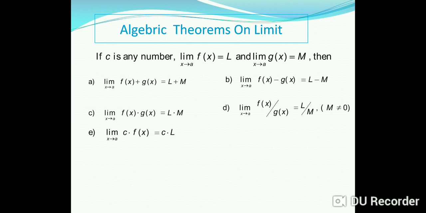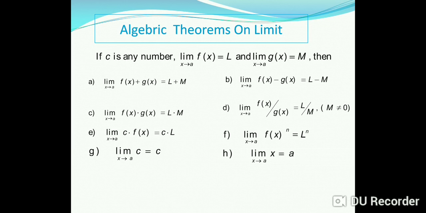Next, E, limit of c into f of x as x tends to a is equal to c into L. Next, F, limit of f of x raised to n as x tends to a is equal to L raised to n. Next, G, limit of c as x tends to a is equal to c, which is constant.